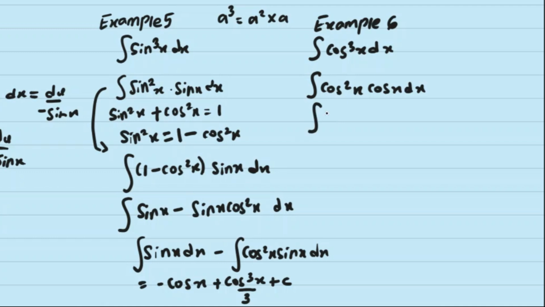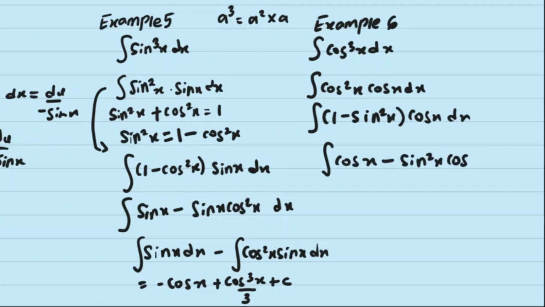So this is the integral of 1 minus sine square x, times cos x dx. So this will give you the integral of cos x minus sine square x cos x dx. So this is the integral of cos x dx minus the integral of sine square x cos x dx.